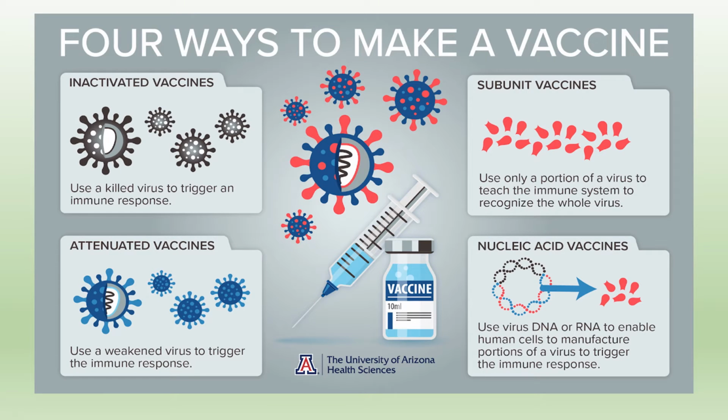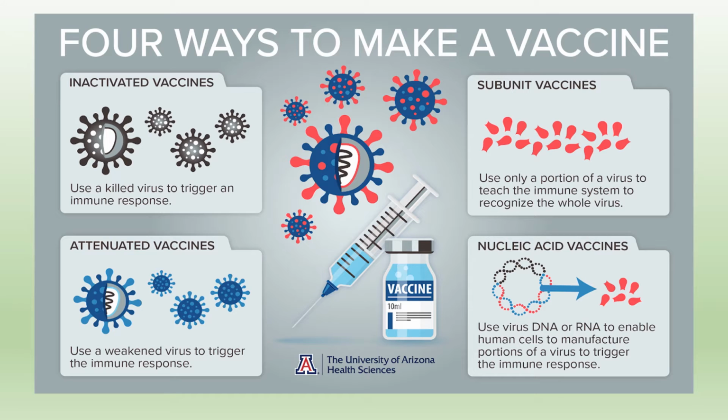So there are lots of different ways to make vaccines. I'm only going to mention a few of them. We're going to start at the lower left with what are called attenuated vaccines. Attenuated means weakened. So it makes a weakened virus or bacteria, but it's still alive.